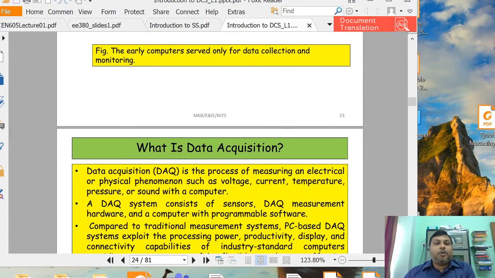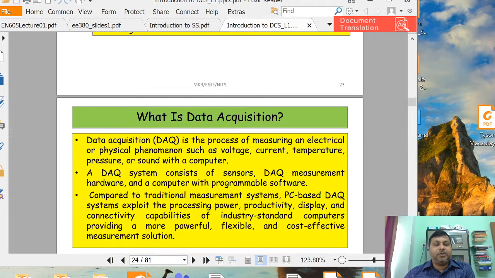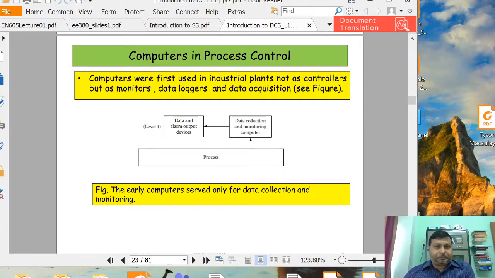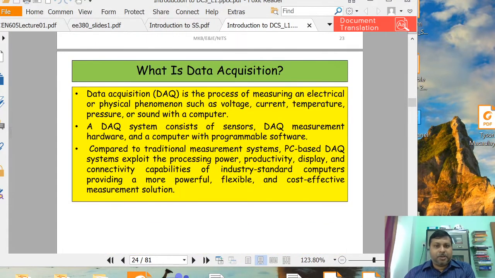Now I want to clear what we mean by data acquisition and data loggers. This basic idea must be clear. Data acquisition is the process of measuring an electrical or physical phenomenon such as voltage, current, temperature, pressure or sound with a computer. A DAQ system, or data acquisition system, consists of a sensor.